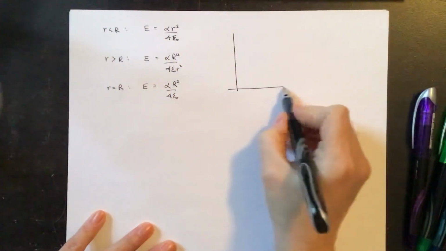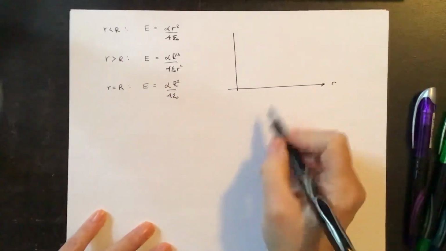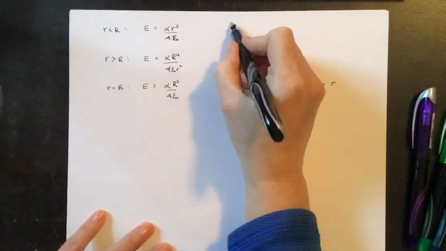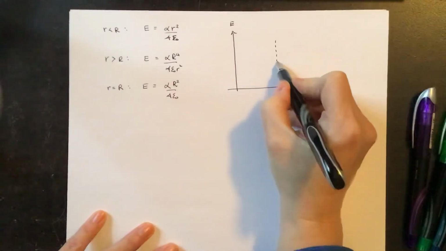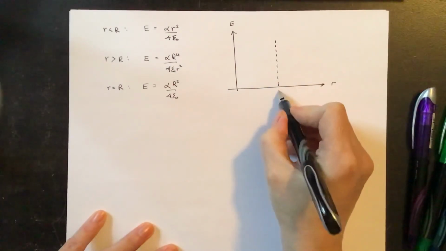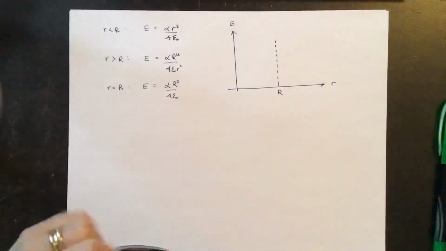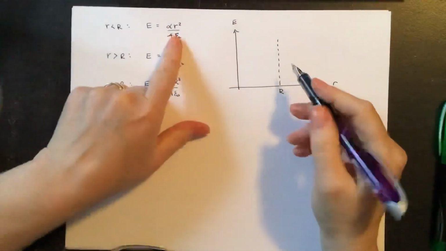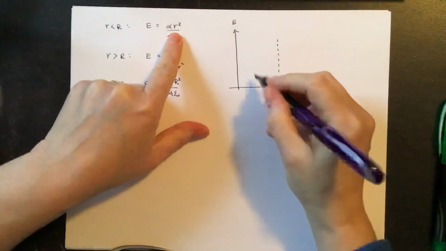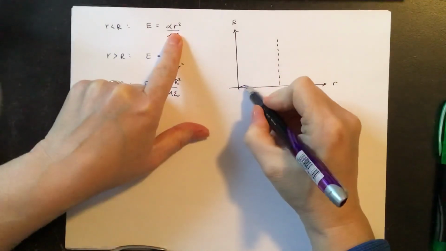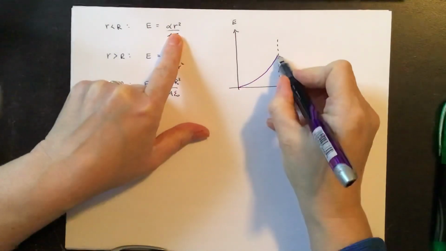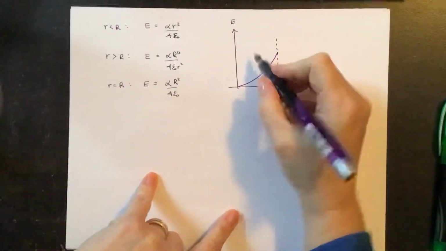If we were to do a graph, we would put our distance from the center on the horizontal, our electric field on the vertical. The interesting spot would be at r equals R. So if we're inside the sphere, our electric field is proportional to r squared. So it goes up as a curve, something like this, till it hits some constant value.